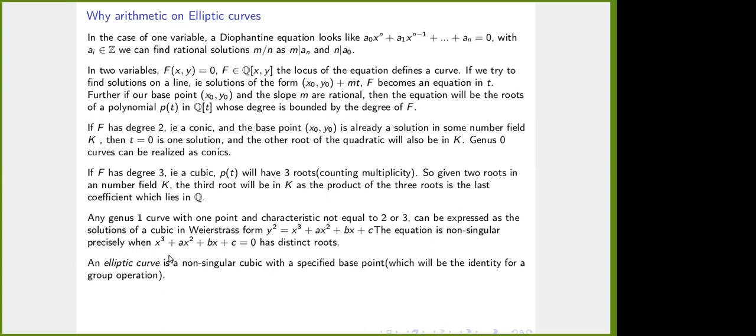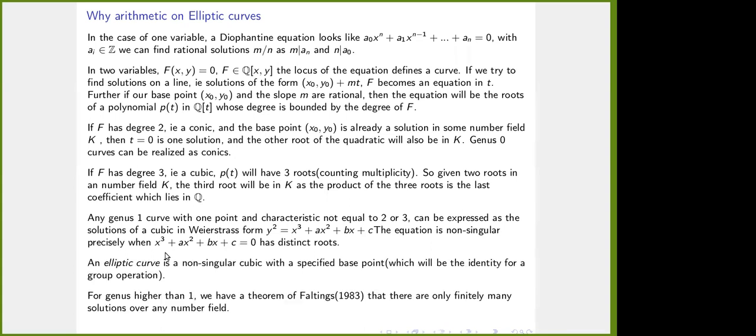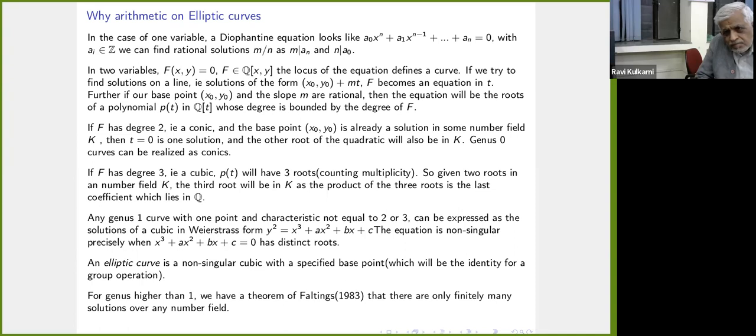When genus equals 1, we have our elliptic curve, and for genus higher than 1, we have a theorem of Faltings, which is very recent, 1983, that there are only finitely many solutions over any number field. So the interesting case in some sense is genus 1, for elliptic curves, and there the solutions will be Z^r plus a torsion group. We call r the rank of the elliptic curve.